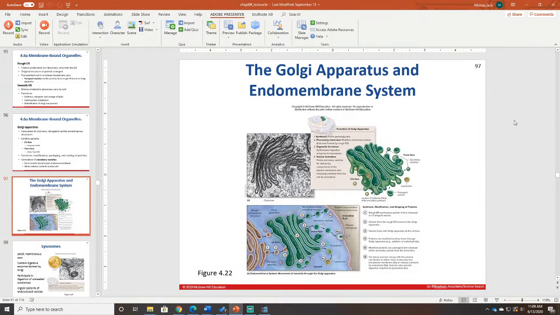So here we see the Golgi apparatus. It's always drawn as green in textbooks for some reason, even though all of these structures would be transparent. They don't actually have a color. But anyway, you can see there, it looks like a series of flattened discs. These are membranous discs. You can see there it has a cis face and a trans face. And the cis face, again, is close to the endoplasmic reticulum. It receives vesicles from the endoplasmic reticulum, and these vesicles carry new proteins.